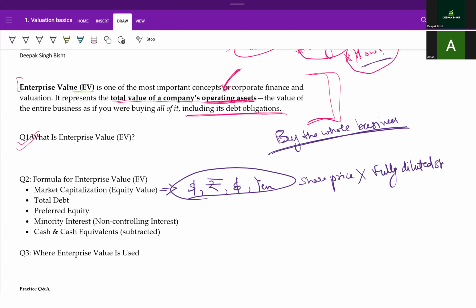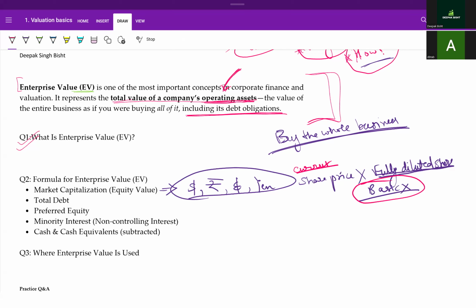Remember this: diluted shares. I'm not going to multiply it with the basic shares. Not basic shares, but the diluted number of shares. That's why the diluted number of shares is important. So this is how we are calculating it: the current share price and the fully diluted shares.